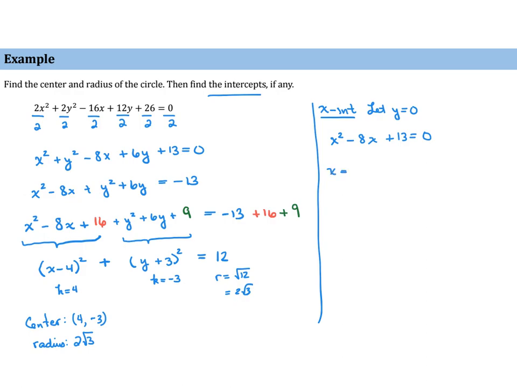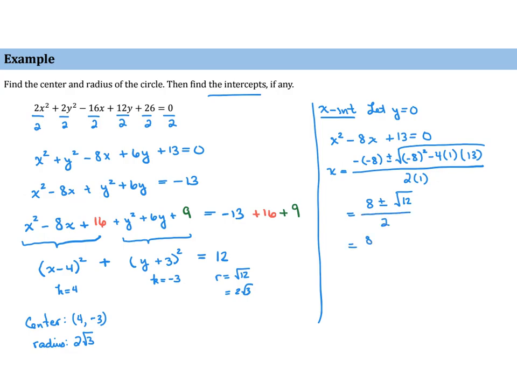x will equal negative b plus or minus the square root of the square of b minus 4 times a times c, and this is all over 2a. So this gives us 8 plus or minus the square root of 64 minus 52, which will be 12, and this is all over 2.